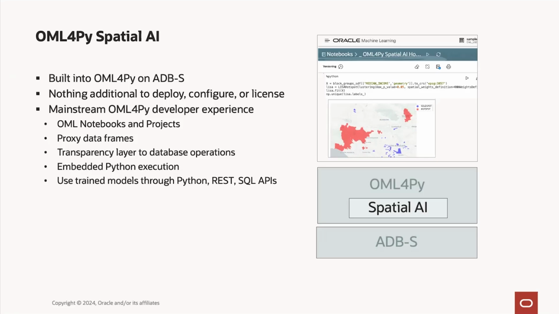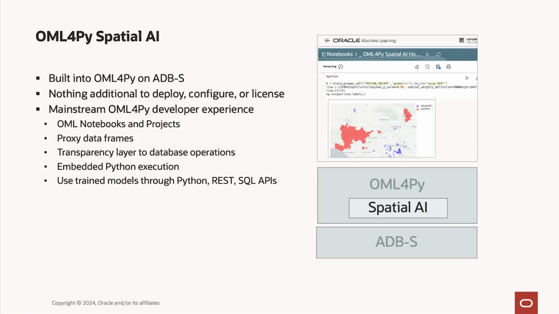And really what OML4Py is about is having a place where a Python developer, a person whose comfort zone and expertise is working in the Python environment, can transparently operate against data in the database, so that you don't have to lift and shift and bring all the data into Python, do things with Python, and push it back.